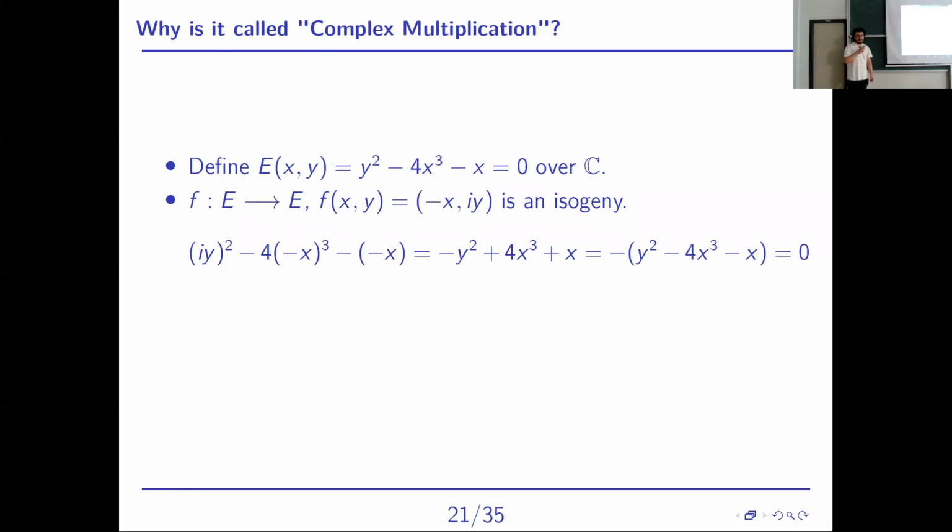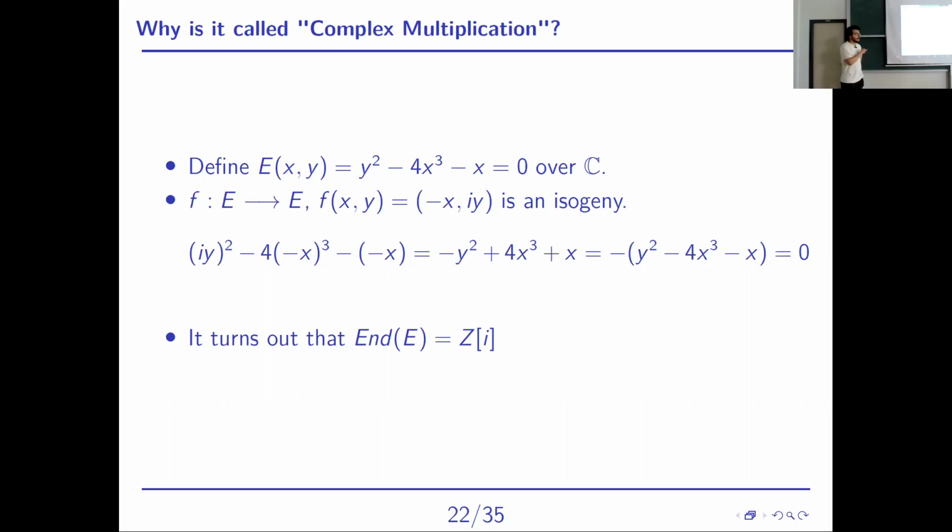It comes from a very specific example. If you define an elliptic curve over C like so, and if you consider this map, it turns out to be an isogeny. And as you can see, if you plug it into the equation, it gives the same equation. This is why it's called complex multiplication.